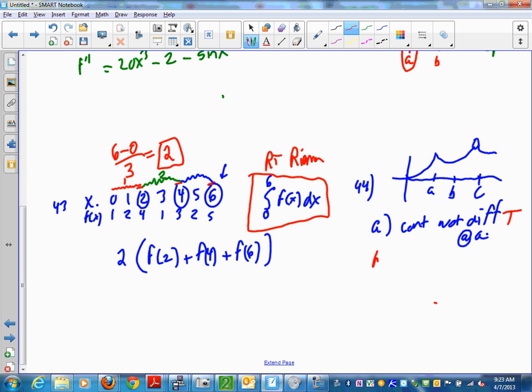And part B, what are they asking us for? I don't think I'm going to write this whole thing out, but it says the limit as x approaches a to the left, and they give you this whole equation here, which you should recognize as the derivative, right?